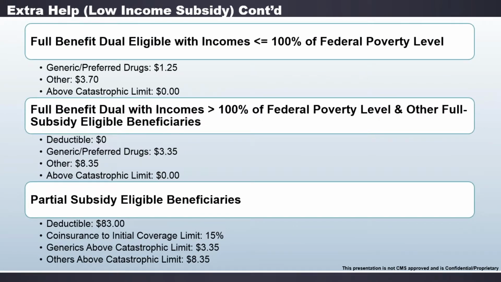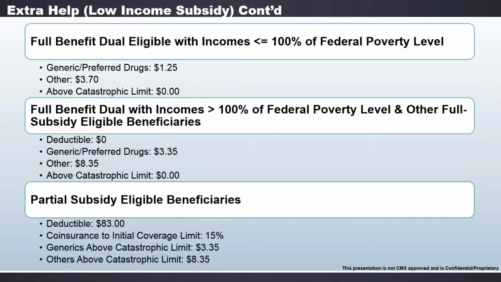And this kind of breaks down, if they hit that federal poverty level at 100%, their generic and preferred drugs would cost them about $1.25, instead of the $335. So they do have that savings there. And then the catastrophic limit would be $0. They wouldn't have to really pay anything for that.